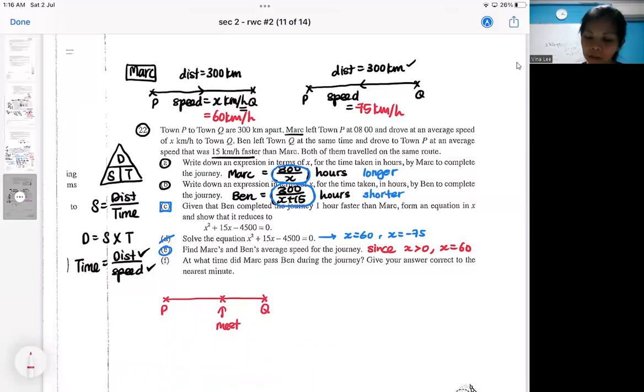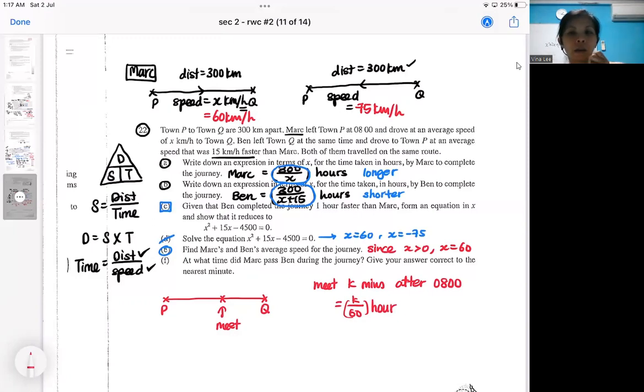So both of them start at 8 o'clock. Okay, so maybe they meet K minutes after 8 o'clock. So K minutes is like K over 60 hours. So I really don't know what time. Okay, so the idea of meeting is they will have traveled the same distance.